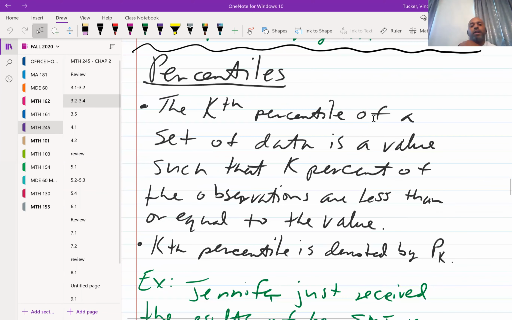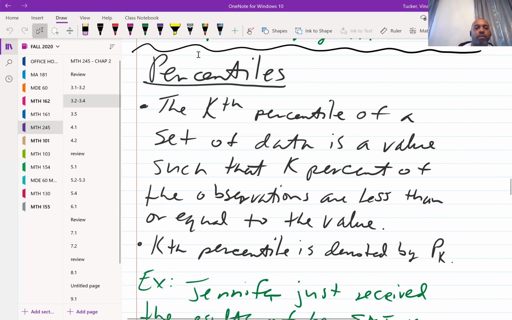Okay, let's look at percentiles. The kth percentile of a set of data is a value such that k% of the observations are less than or equal to the value. The kth percentile is denoted by P sub k. So it's not PK, but the K is a little smaller. It's a subscript in reference to the P. We'll see what that means in a second.